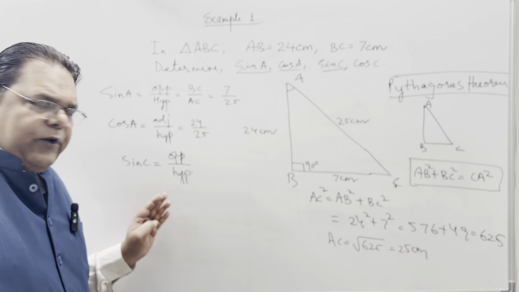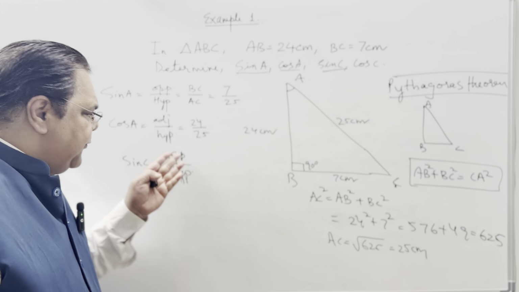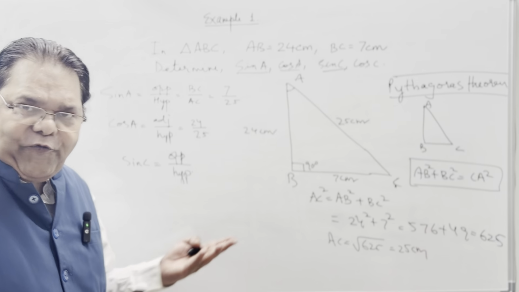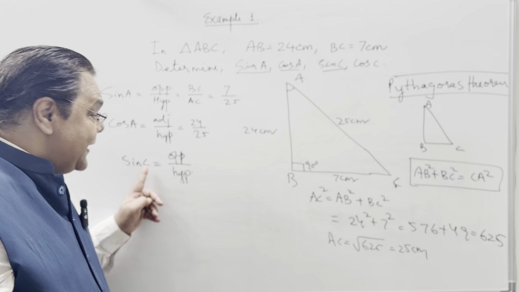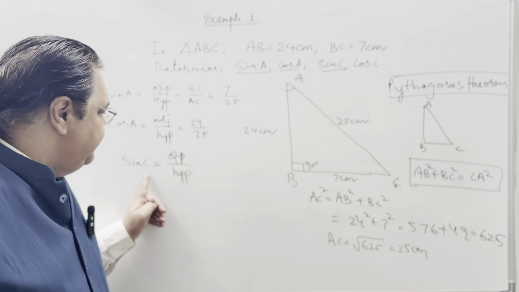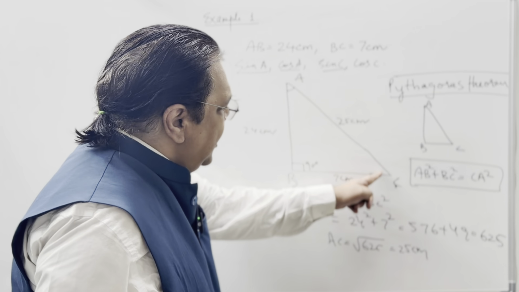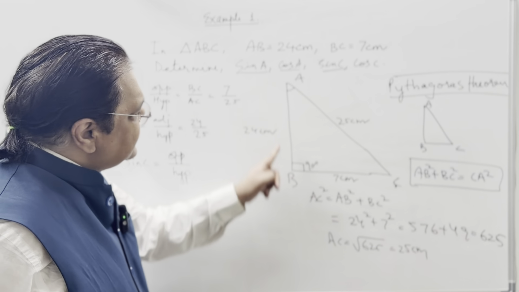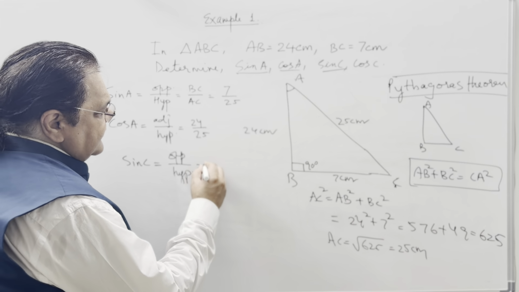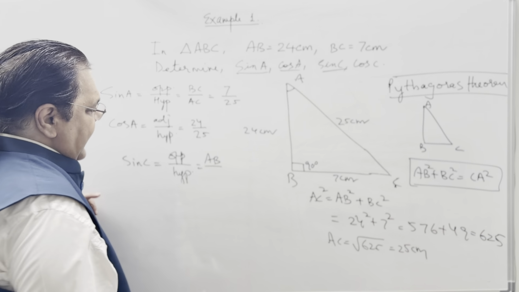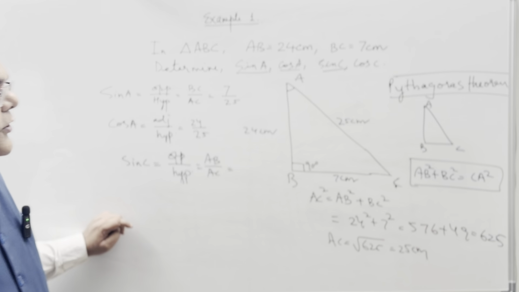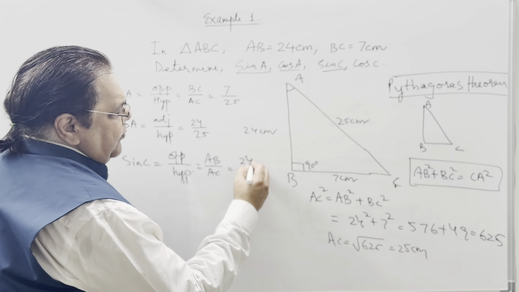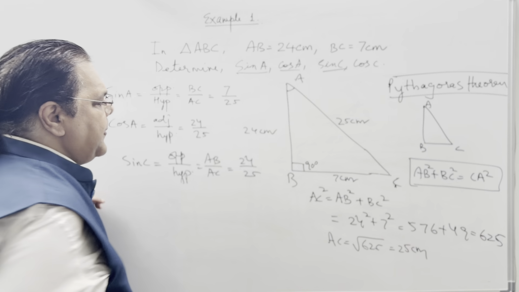This will be always there because sine means opposite by hypotenuse. I told you, Sophie, sine is equal to opposite by hypotenuse. But with respect to angle, the side changes. So for sine C, the opposite is AB. And the hypotenuse is AC. So this is equal to 24 by 25.